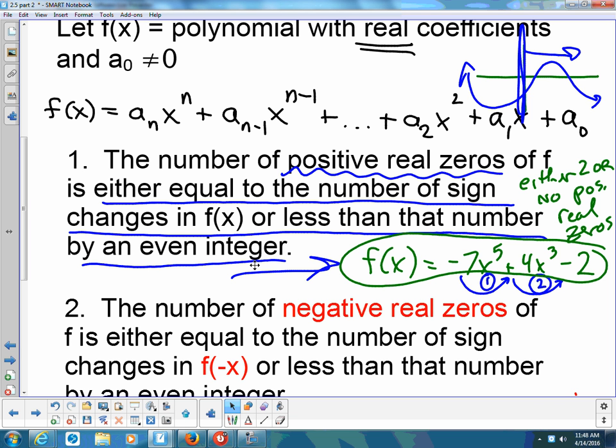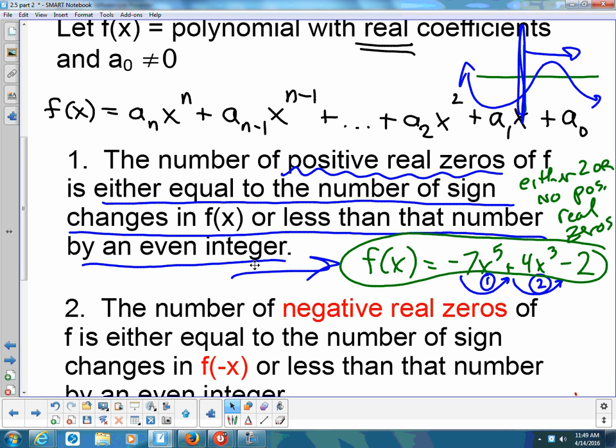Why do we subtract off 2? Why is it 2 every time that we subtract off? Why are we subtracting off even quantities of zeros? Because if we don't have 3, we're down to 1, so what does that mean about the other 2? Let me ask this again, because it's a good question. So let's say, in this example, we have either 2 or no positive real zeros, right?